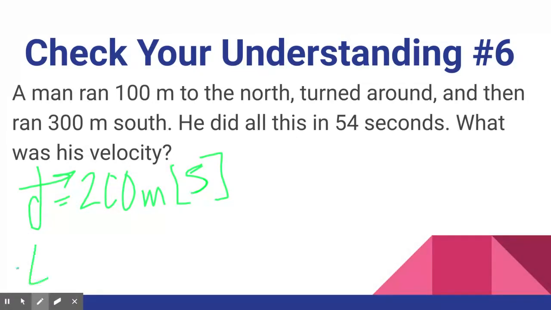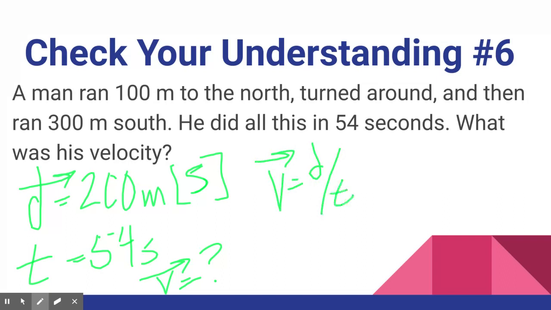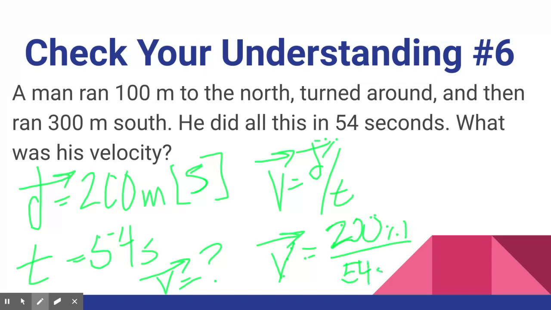And he did all this in 54 seconds. And we're trying to find velocity. What is our velocity? Okay, so we know it's going to be V is equal to D over T. So that's going to be 200 meters over 54 seconds.